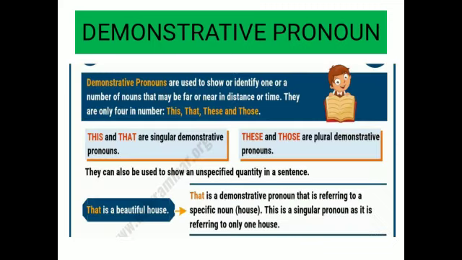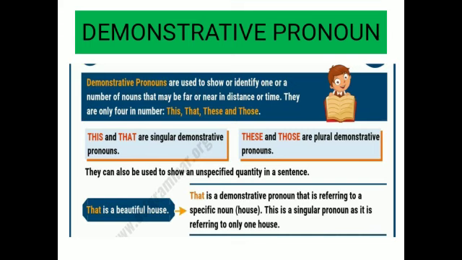Now the next one we have is demonstrative pronoun. Demonstrative pronouns, what are they? Demonstrative pronouns are actually used to point to something specific within a sentence. They are used to show or identify one or a number of nouns that may be far or near in distance or time.